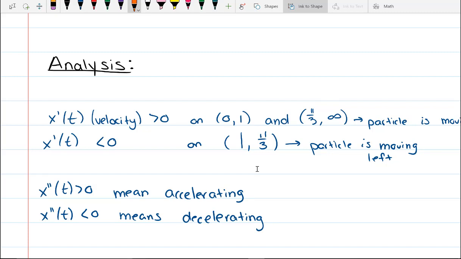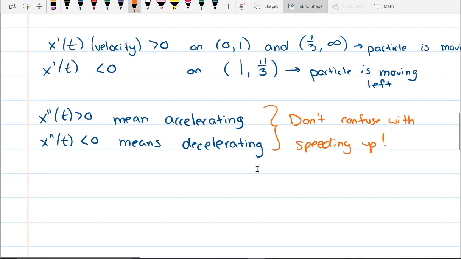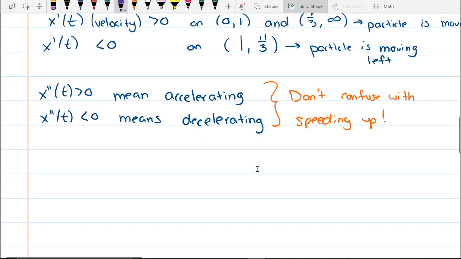There's only negative acceleration. But for our terms, we're going to say decelerating. And I don't want you to confuse these. This is very important. Do not confuse accelerating with speeding up. Accelerating does not mean speeding up necessarily.